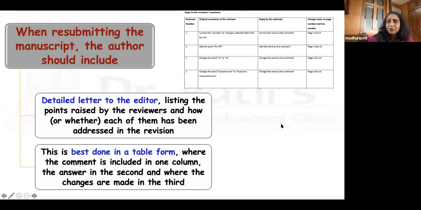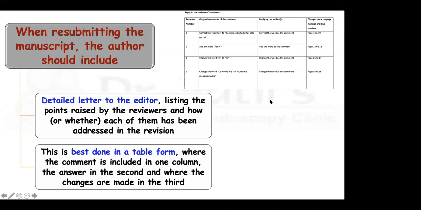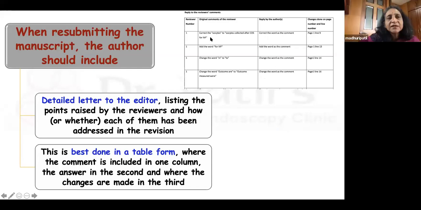Most journals accept a revised article only if a comment file is received in this manner. If you just write everything and send, it is sent back to you, because it is very easy for a referee or reviewer to see whether the changes are made or not, and they just go to that page and check.